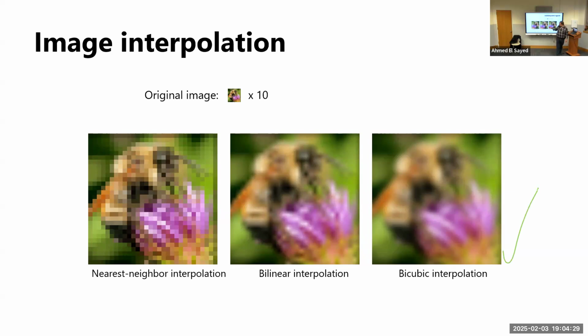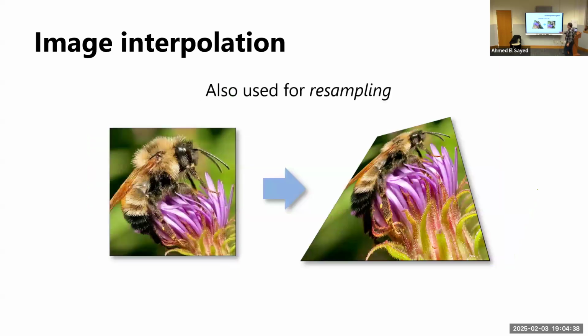Do we use this technique only for super resolution? The answer is no. We can use it in other applications. Like what? Like if we want to convert the image from 2D into 3D.